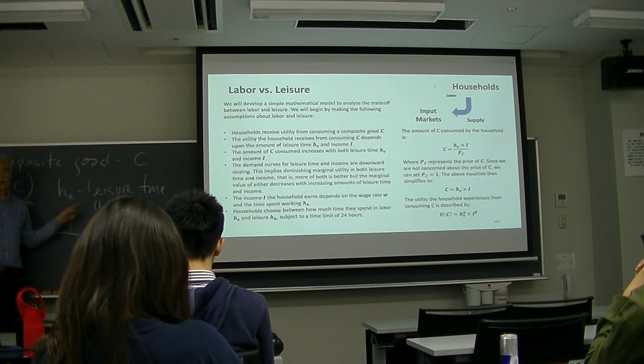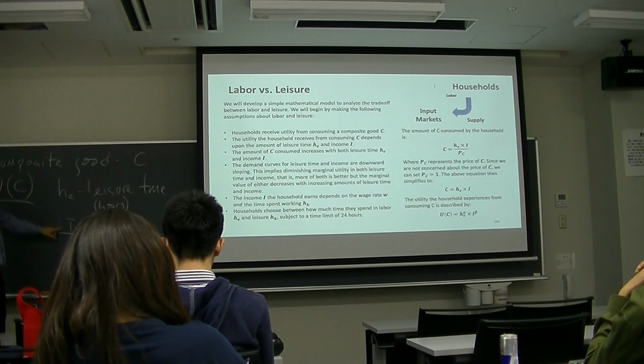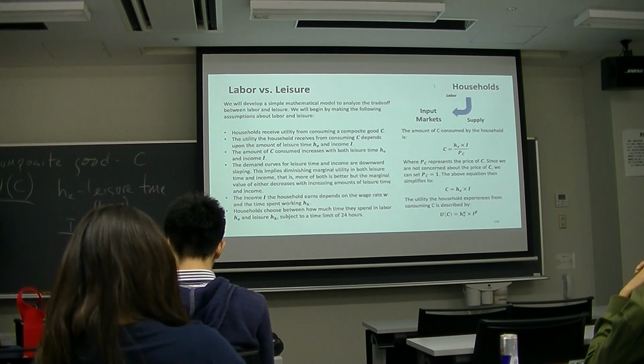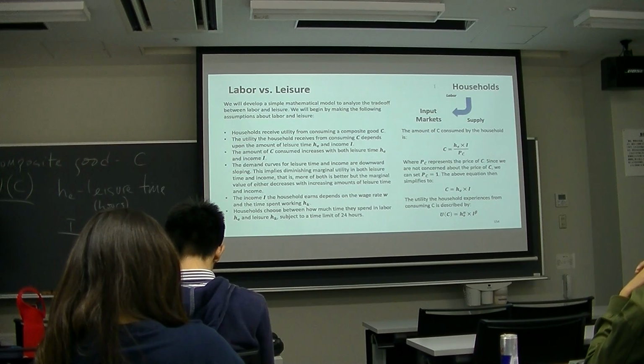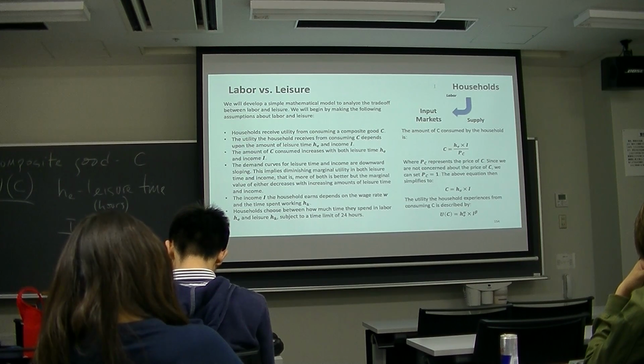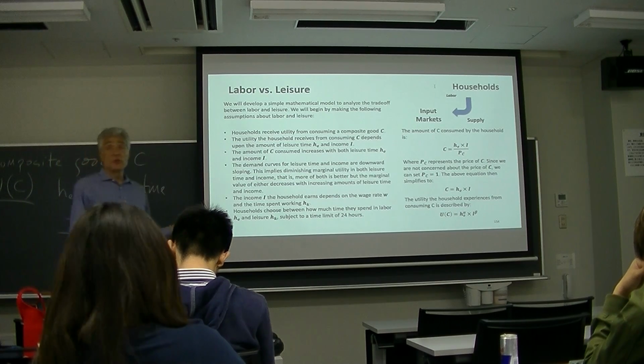And the amount of leisure time we have. So what we're going to say is that C is some combination of leisure time and income. C is a function; we consume C by mixing leisure time and income. You go out to dinner, you're spending leisure time and you spend money.